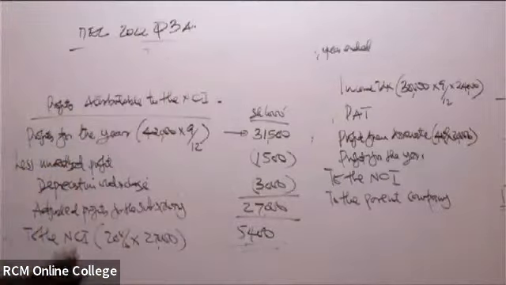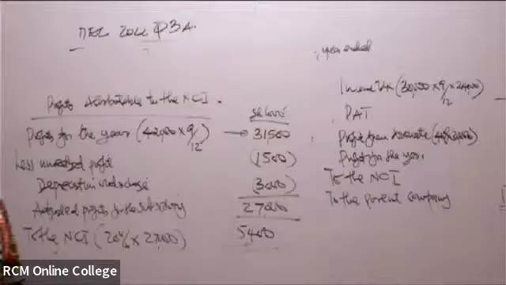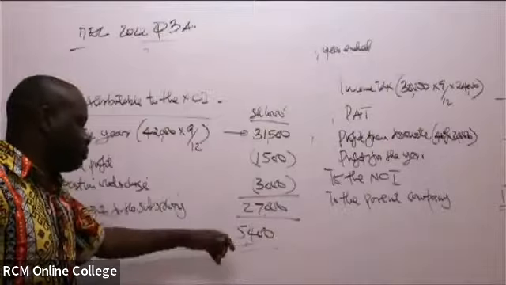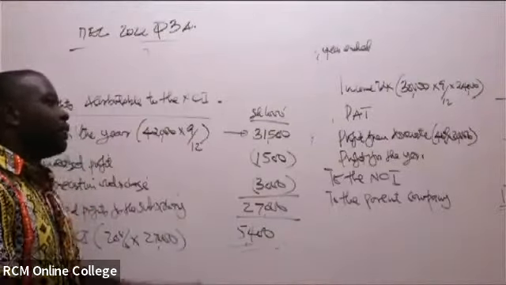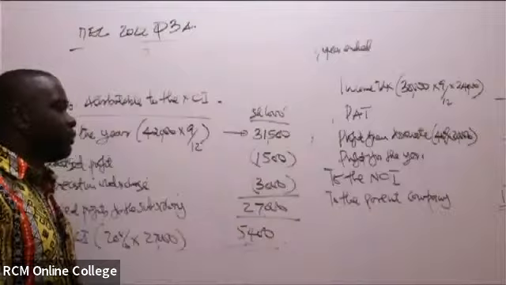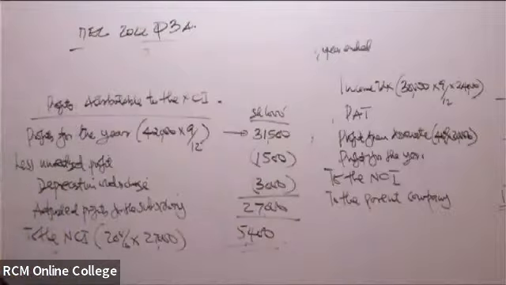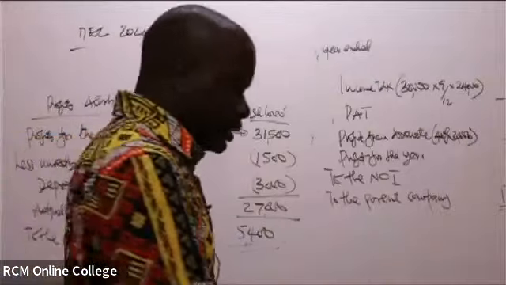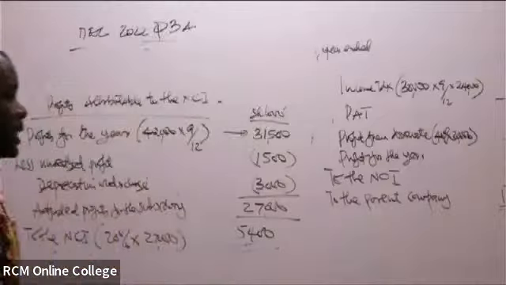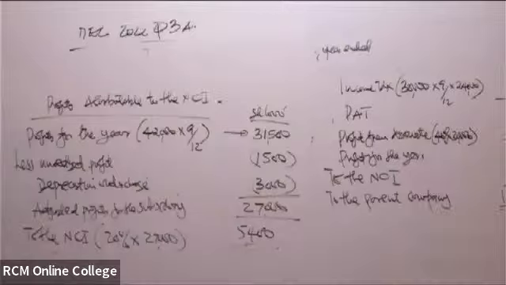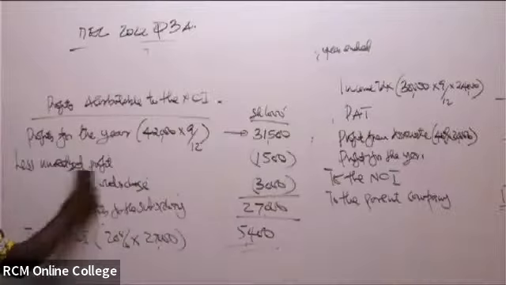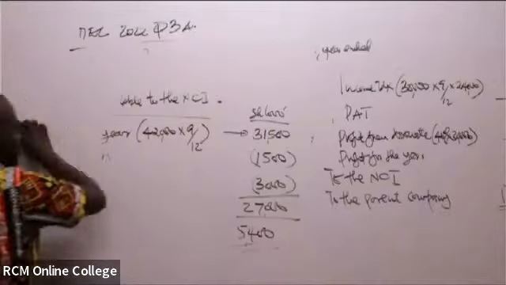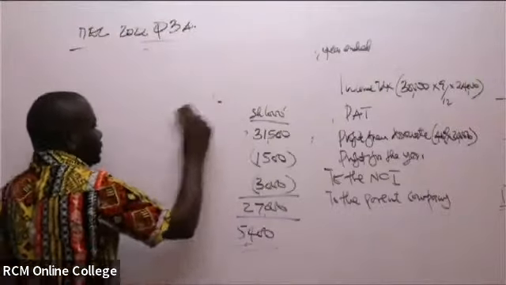So the minority shareholders in the subsidiary company will get 5.4 million out of the consolidated income statement profits, while the parent company will get 107,300. That is how you come up with the profits to the NCI and the profits to the parent company.